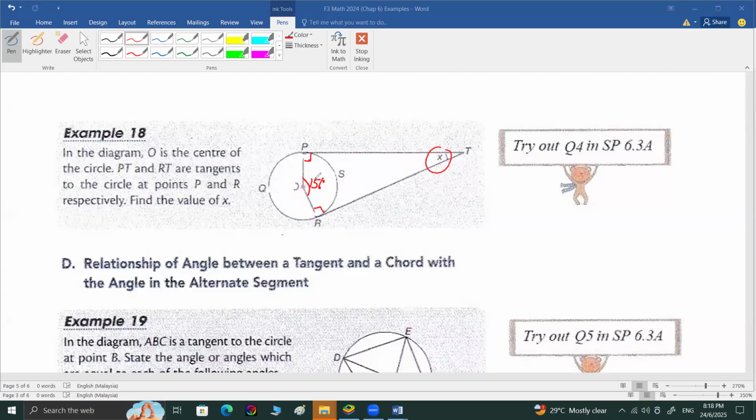The relation here, is it 180, right? So how to get X? 180 minus 156, you get? Yeah, 24. Okay, can you see the relation? So the relation is what just now? From here, for you to find the angle here. After that, relate here, and you get a common tangent. Okay, can you understand, class?